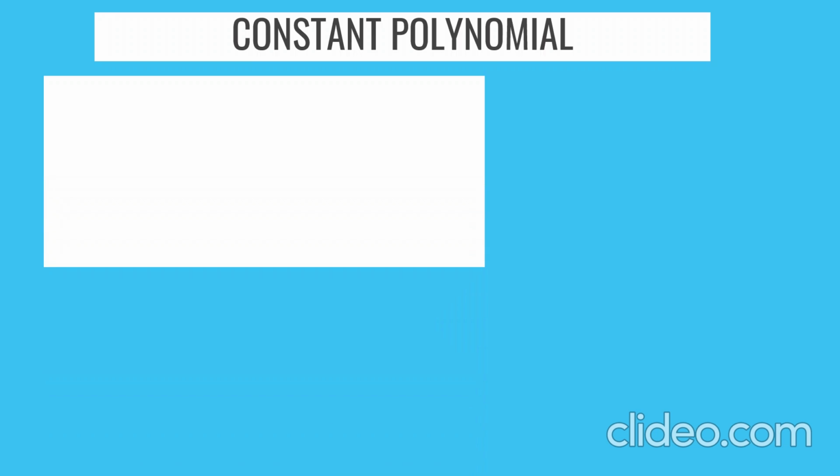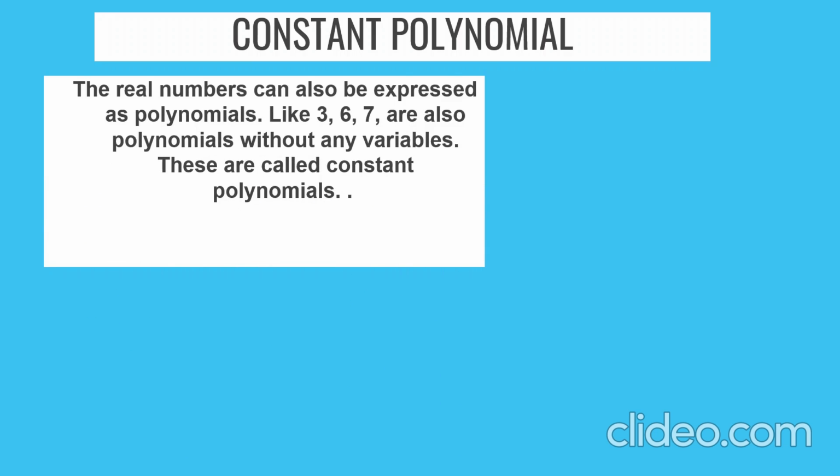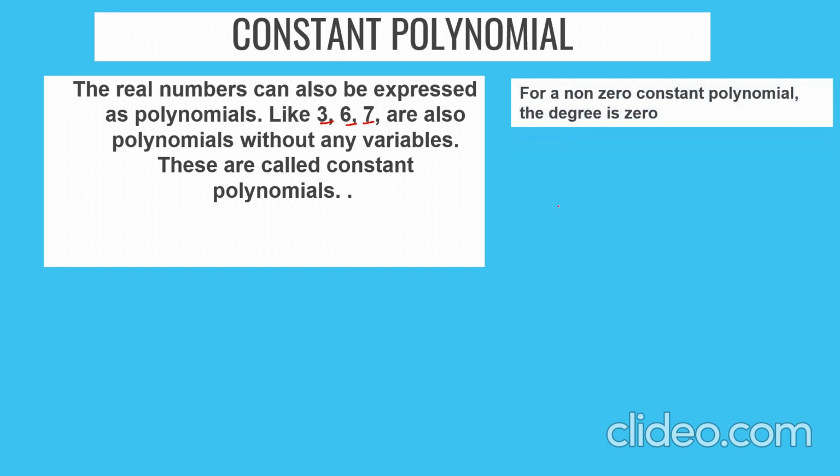Next, we will learn about constant polynomial. As the name suggests, we are not dealing with any variable x, y, z, etc. We are just dealing with numbers, that is constants. 3, 6, 7, etc. These are called constant polynomials. So the next question is, what will be the degree of a constant polynomial? For any non-zero constant polynomial, the degree is 0.